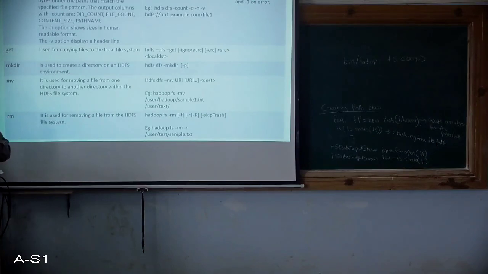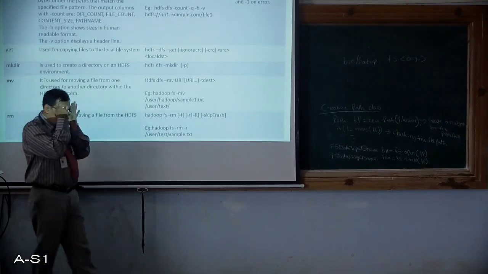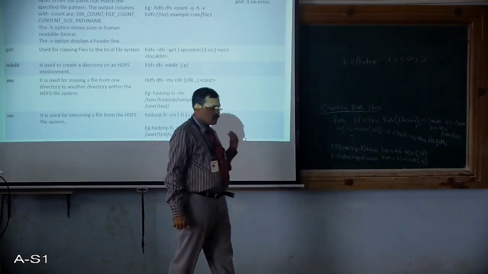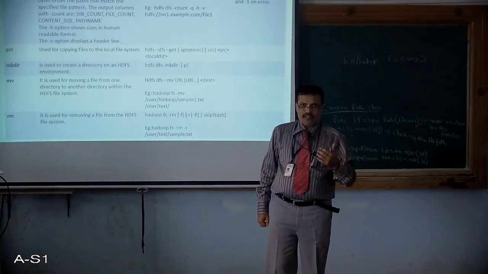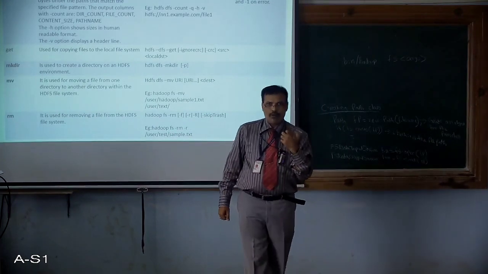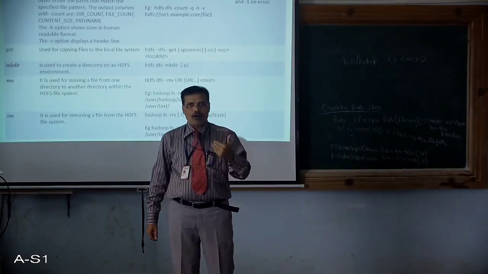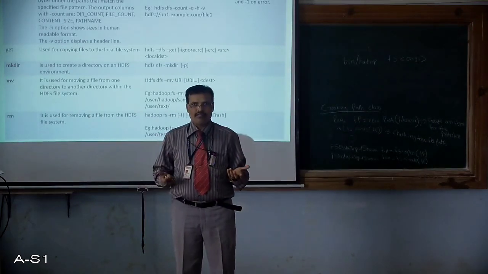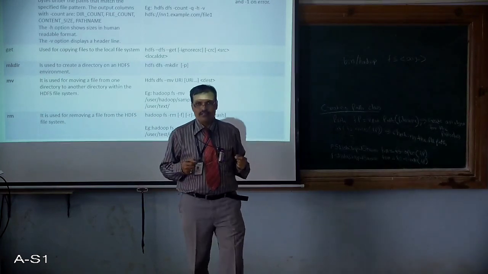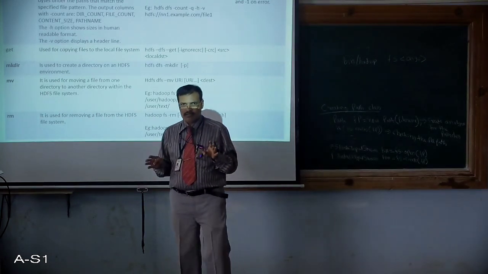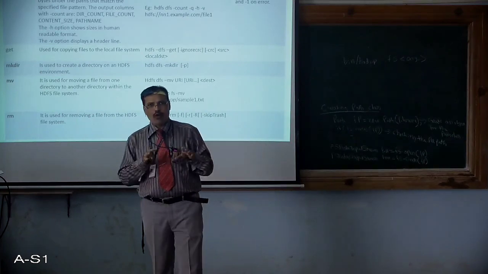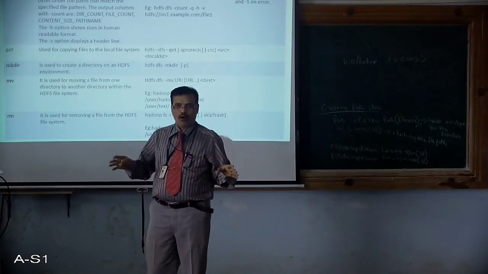It should be very clear. You should be very attentive, while using these commands, about which commands are useful for what type of file, whether we are dealing with the local file system or the HDFS file system. Otherwise, these commands may give an error if the references are wrongly given.